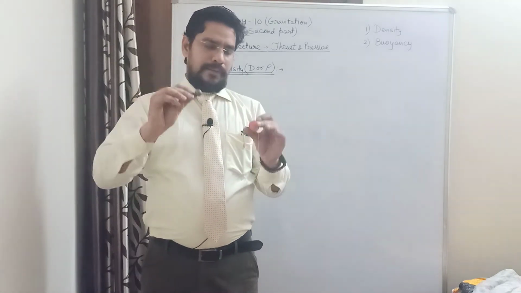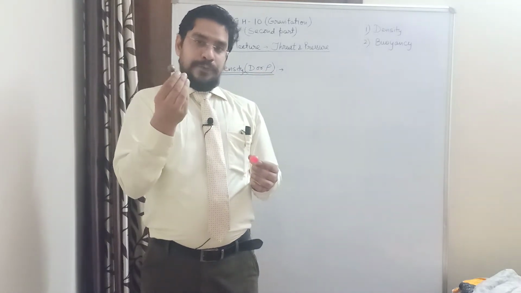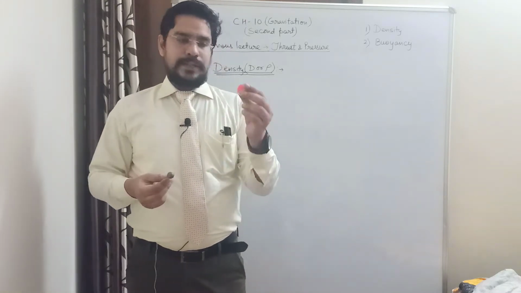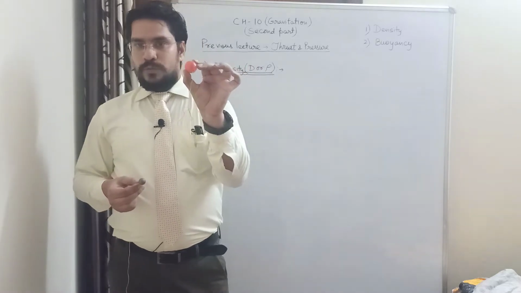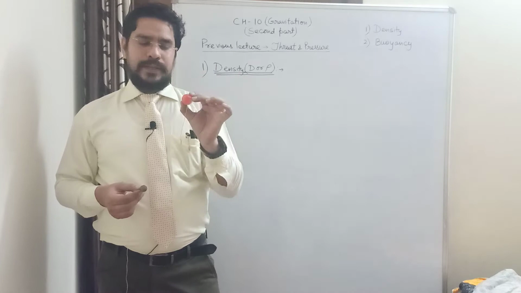What is making it heavier? The size is small, but it is a different element. It's iron, and the atomic mass of iron is greater than that of the constituents of rubber, like sulfur and the other things used for making rubber.